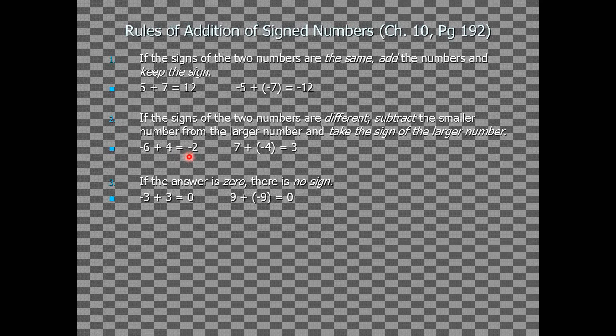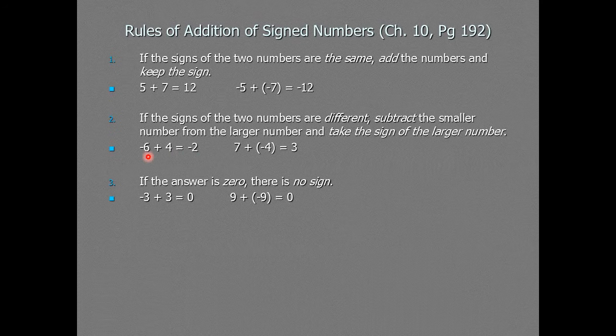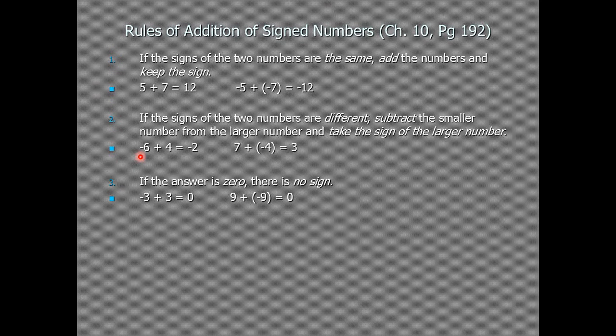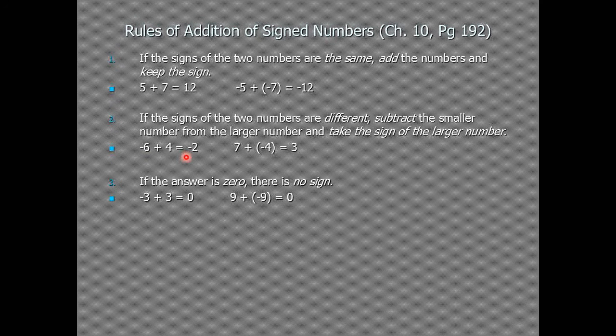For example, negative 6 and plus 4. Which one is larger in magnitude? It's negative 6, right? So we keep the sign of the negative number. So that's why the answer is negative. We actually did a subtraction.